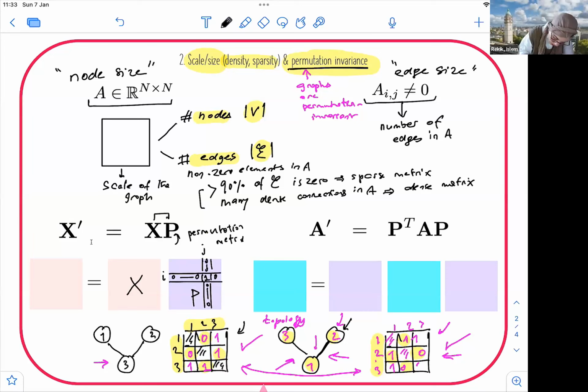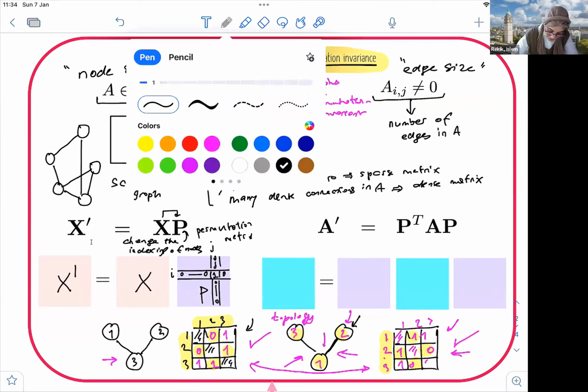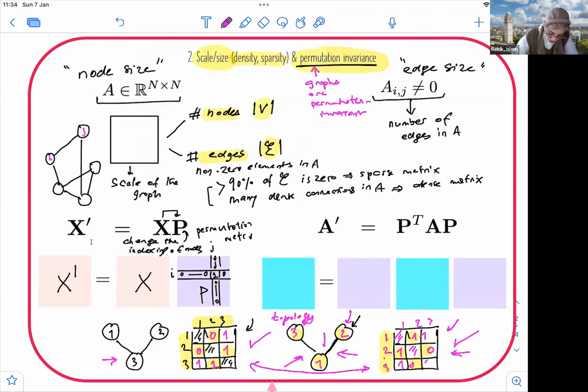Through this multiplication, we change the indexing of nodes. After this multiplication, you get X prime. You guys can play with it, by the way. I strongly recommend that you take pen and paper, draw a small symmetric undirected matrix, create your P, and try to flip your graph. So for example, if we have a graph like this, this is our original graph, and let's say this is my I, and this is my J. When I multiply by P, imagine that everything else is 0.